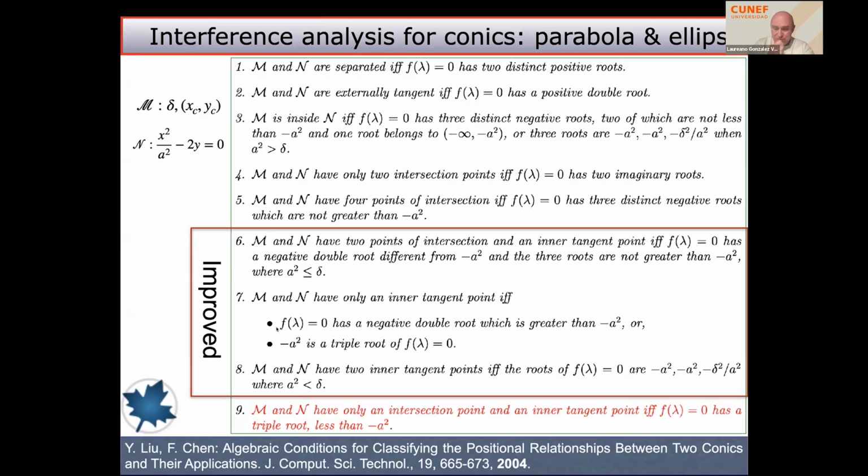Let me show you an image of what we are doing using Maple, for example, for these 9 conditions. The case of having only one intersection point and an inner tangent point is equivalent to the characteristic equation having a triple root smaller than or equal to minus a squared.